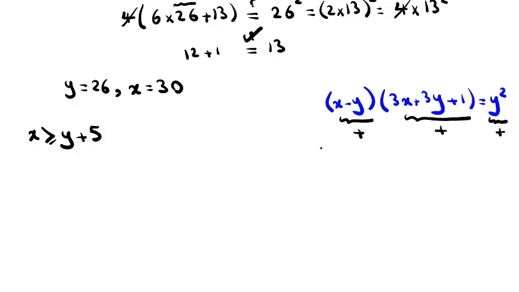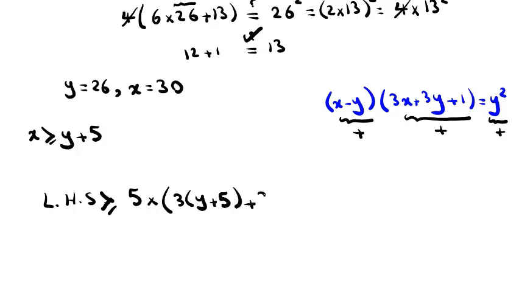So the other cases are greater than or equal to 5. So if x minus y is greater than or equal to 5, then we can say the left-hand side of this equation, 5 times x, is greater than or equal to x with y plus 5, plus 3y plus 1.